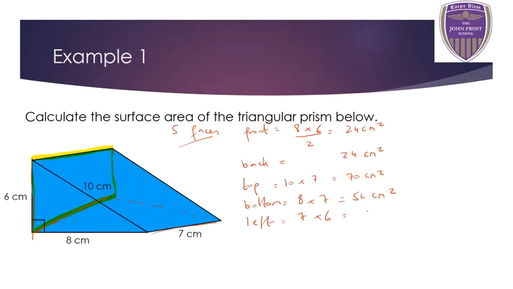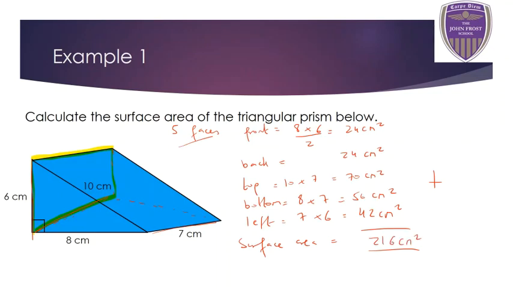So it's 7 times 6, which is 42 cm squared. Now to find the total surface area, just add up all these values. So 24, add 24, add 70, add 56, add 42, gives me 216 cm squared.